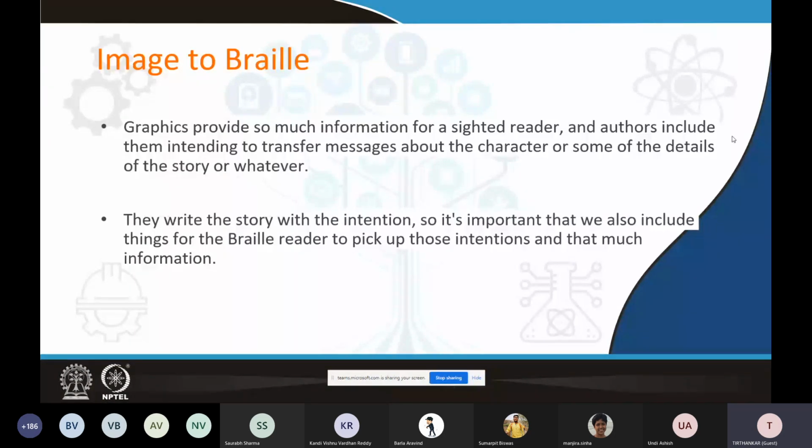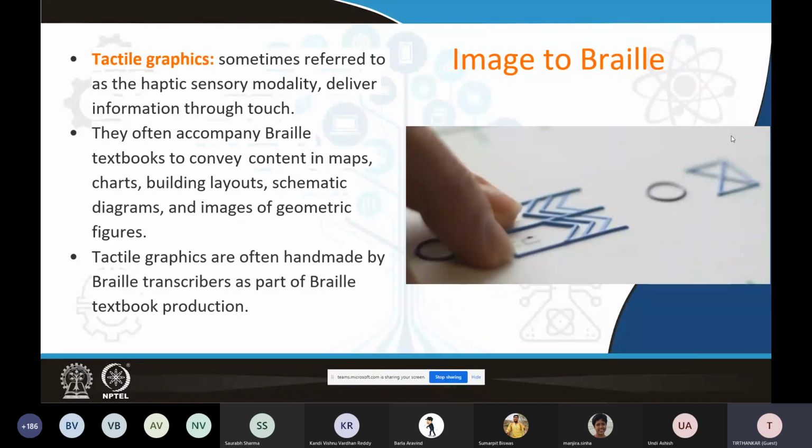So there are different kinds of techniques. One is typically what we call tactile graphics. Typically in many of these books you will find these tactile graphics are handmade by Braille transcribers, using certain kinds of plastic materials, some polymers, which are used to create image representations of these objects.